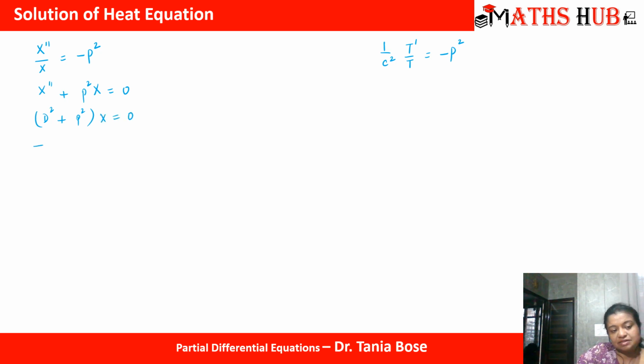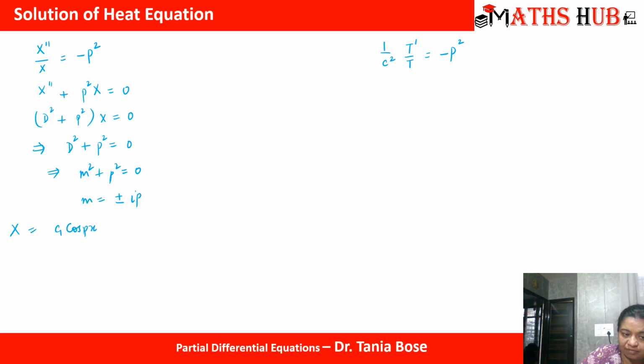So that implies the auxiliary equation will become d square plus p square is equal to 0. So m square plus p square is equal to 0. So m comes out to be plus minus iota p. So what is x? X is c1 cos px plus c2 sin px, right?